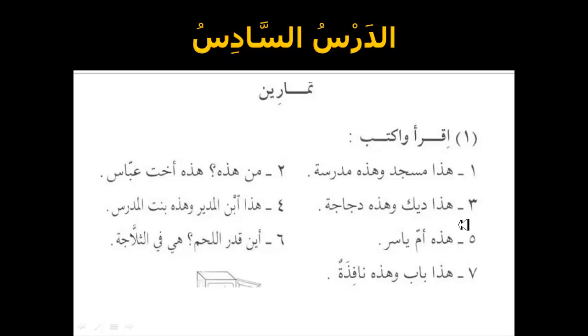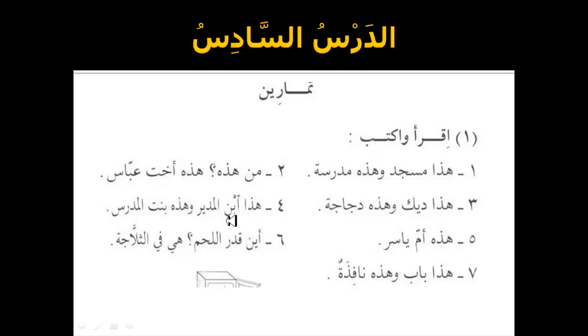Number three, هذا ديك وهذه دجاجة. This is a rooster. Dikun is a rooster, and it's masculine. Wahadihi dajajatun, and this is a chicken. And notice the ta marbuta, it is feminine. Number 4. هذا ابن مديري وهذه بنت المدرس.